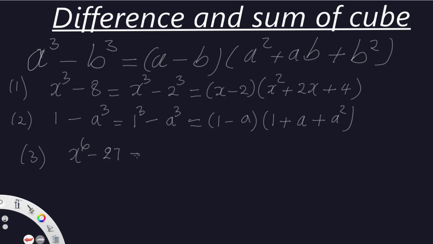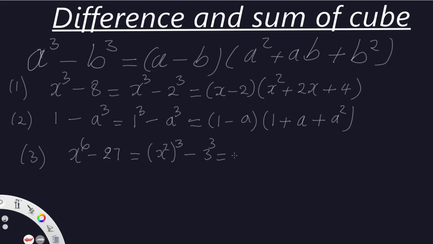The simple thing here you have to know is that 27 is 3 to the exponent 3. So you need also here to have exponent 3. So you factorize 6 as 2 times 3. So you have x exponent 2, exponent 3 like this, okay? Then we have 3 to the exponent 3.